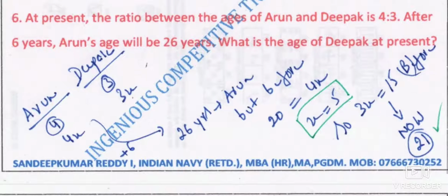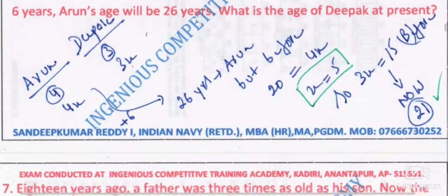So when 4x equals 20, x equals 5. Now 3x is the present age of Deepak, that is 15 years, and 21 years is the present age of Arun.